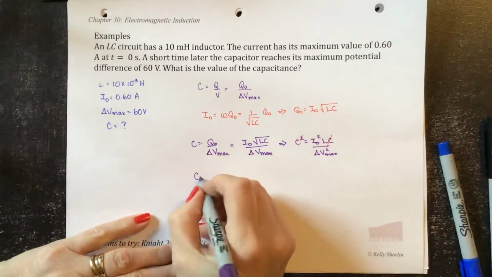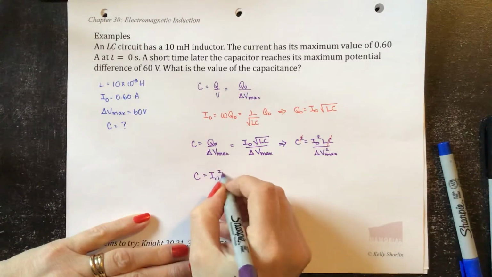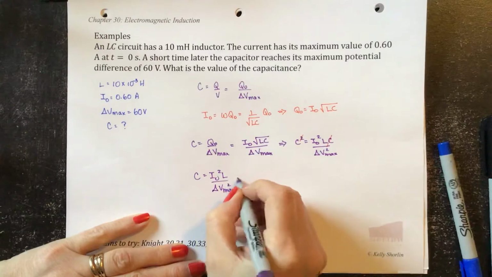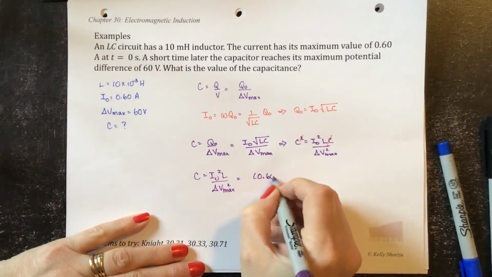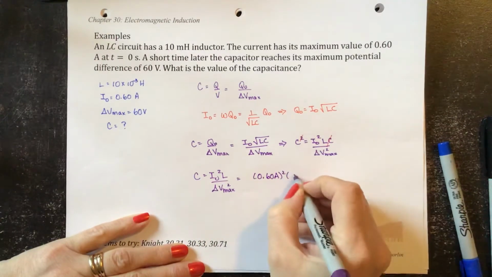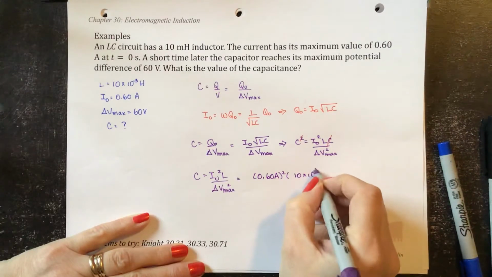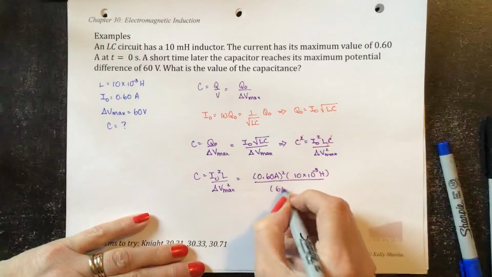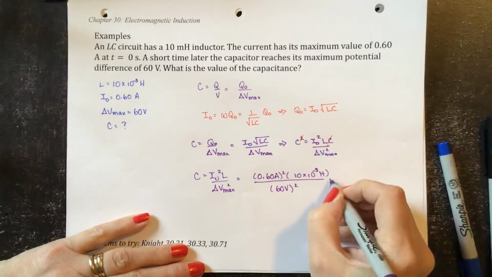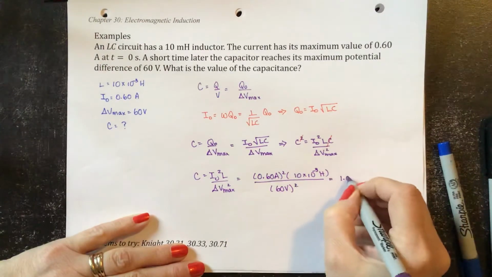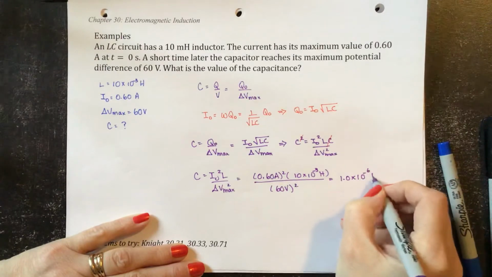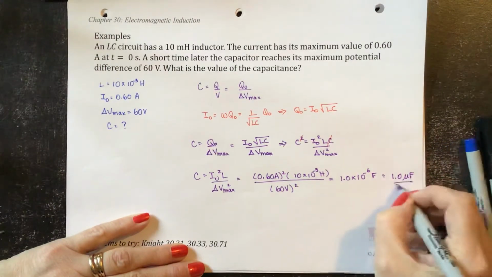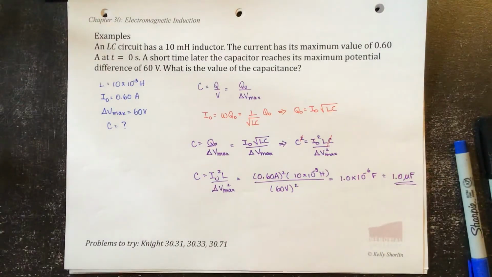That gives us that C equals I0 squared L over delta V maximum squared. 0.60 amps squared times 10 to the minus 3 henries, divided by 60 volts squared, gives us 1.0 times 10 to the minus 6 farads, or 1 microfarad. Okay, so that's our first example.